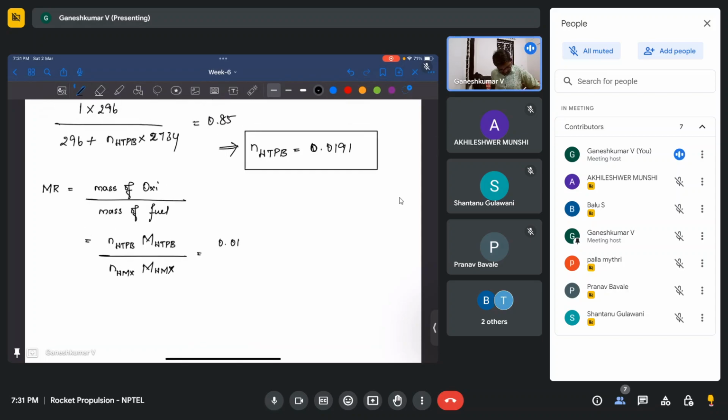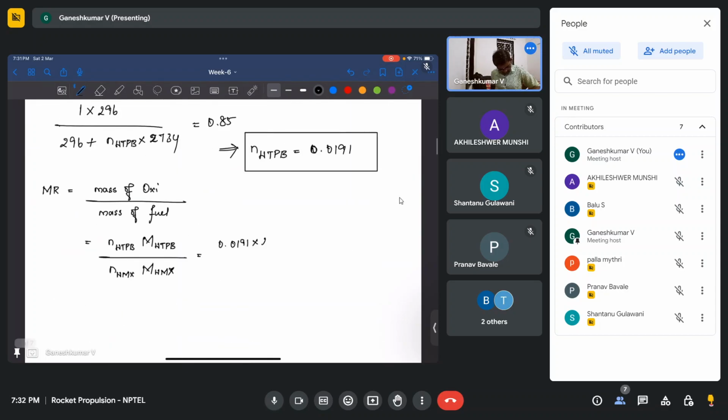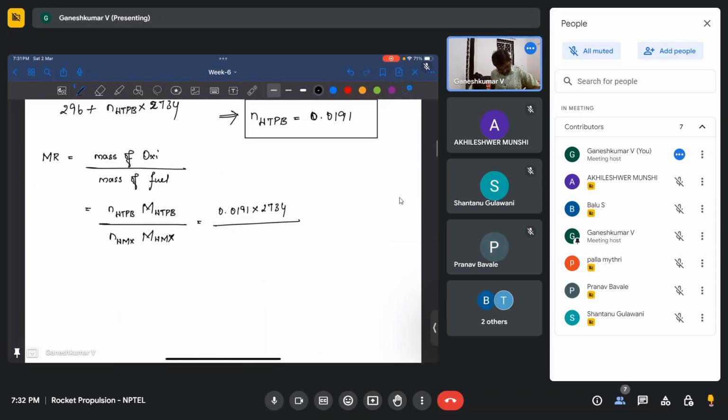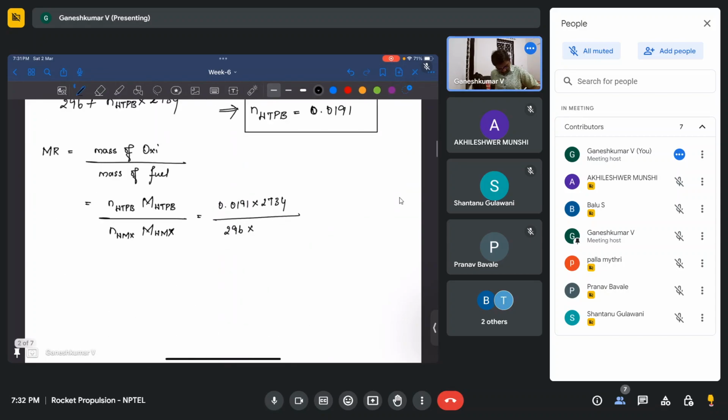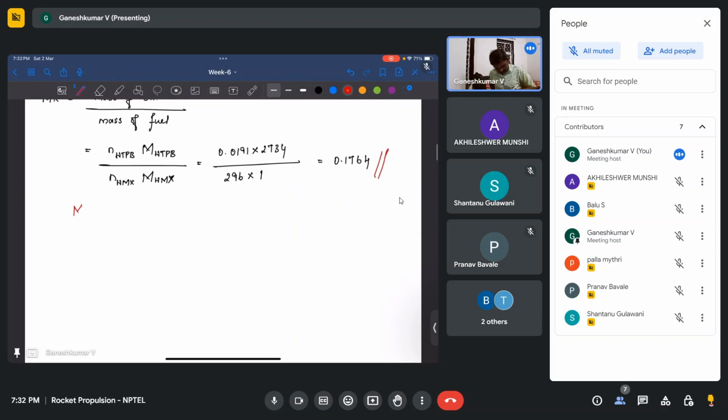So 0.0191 into molecular weight of HTPB, 2734, divided by HMX, 296, into N of HMX, which is 1. 0.1764. Okay, wonderful. So your mixture ratio is nothing but 0.1764.